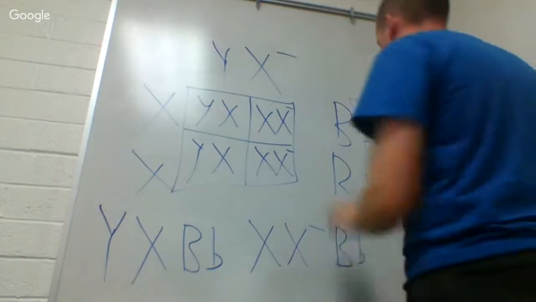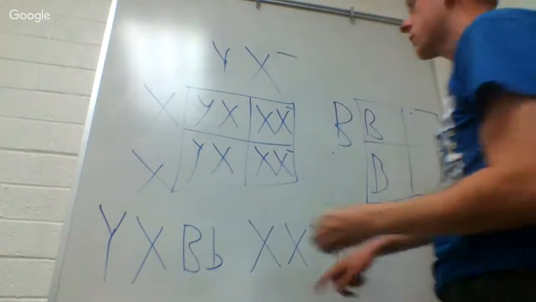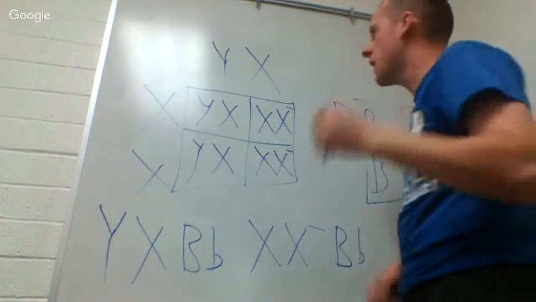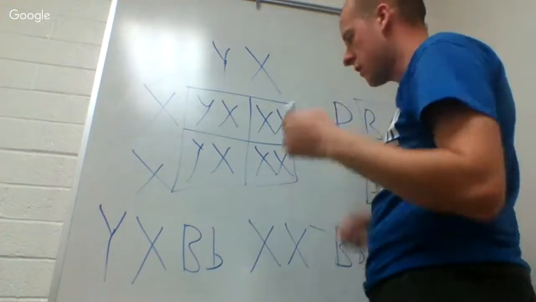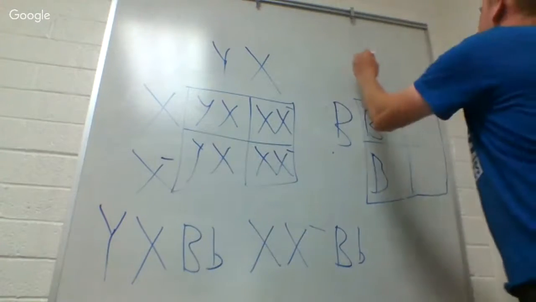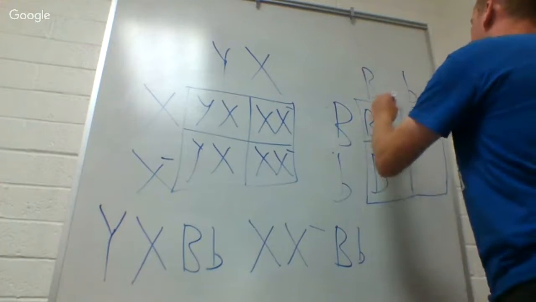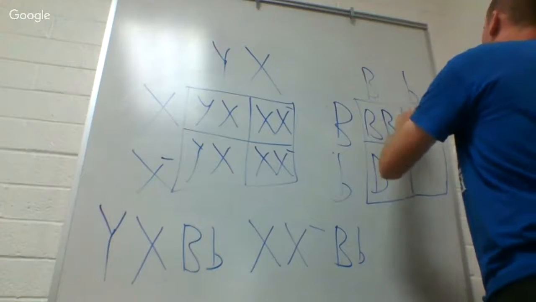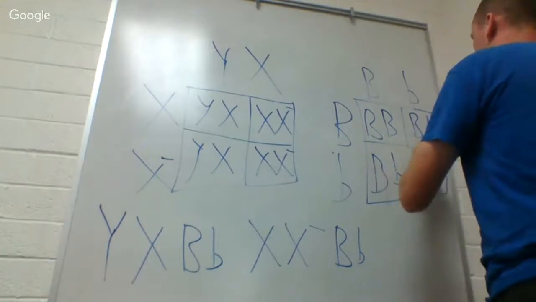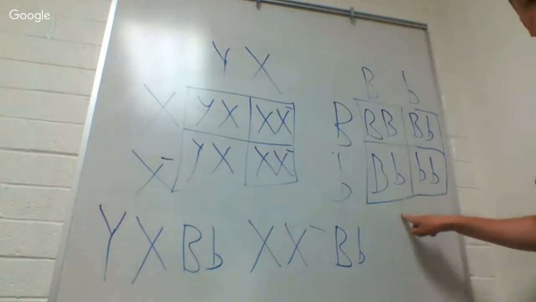All right, so this is going to be the F1 cross. And then this would be big B, big B, big B, little b, big B, little b, little b, little b. Okay, so this will be the F2 generation.